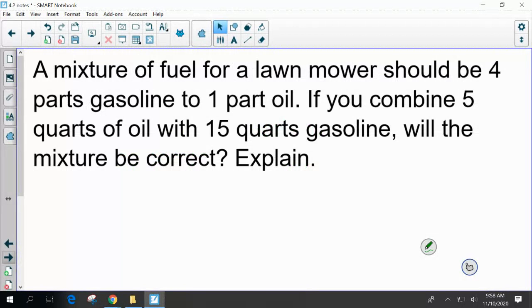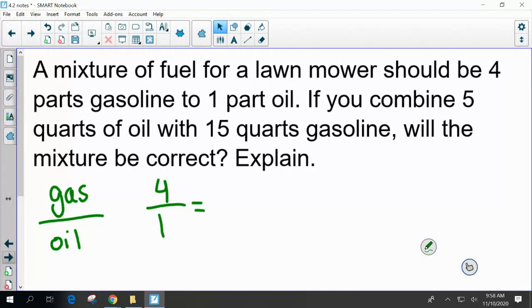So you have a mixture of fuel for a lawnmower that should be 4 parts gas to 1 part oil. I like to write the words down to know where I should put my numbers. So 4 parts gas to 1 part oil. I'm going to put 4 on top and oil in the denominator.